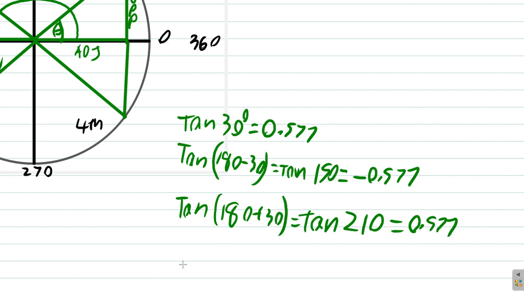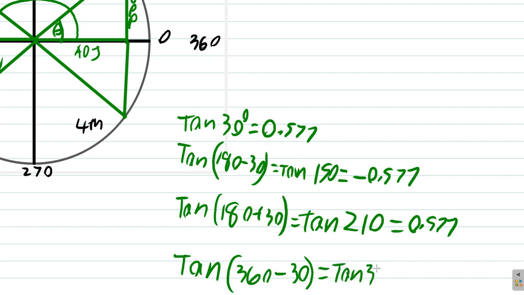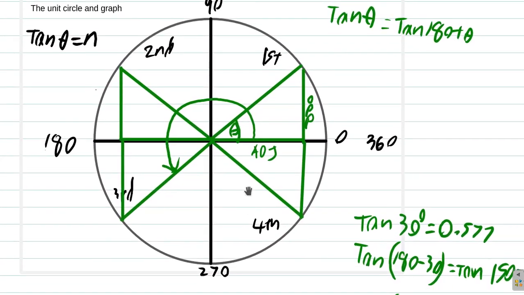Now, if we come to the fourth quadrant, we're going to find the tangent of 360 minus 30, which is the same as tan 330. How do I get that? Because remember, you're going from here, go all the way around 360 degrees, then you back down 30. 330 degrees is the same as negative 30 degrees.